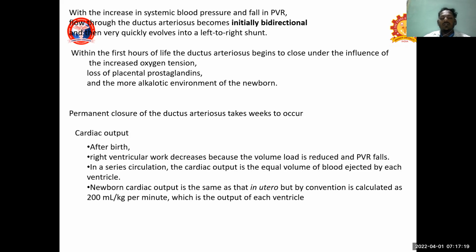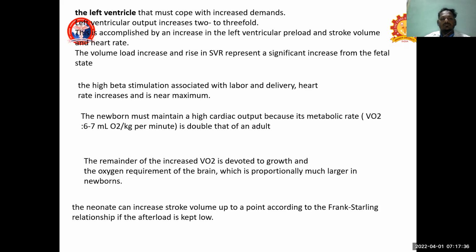Newborn cardiac output is the same as that in the fetus, but by convention is calculated as 200 ml per kg per minute, which is the output of each ventricle. It is the left ventricle that must cope with the increased demands. Left ventricle output increases 2 to 3 fold.